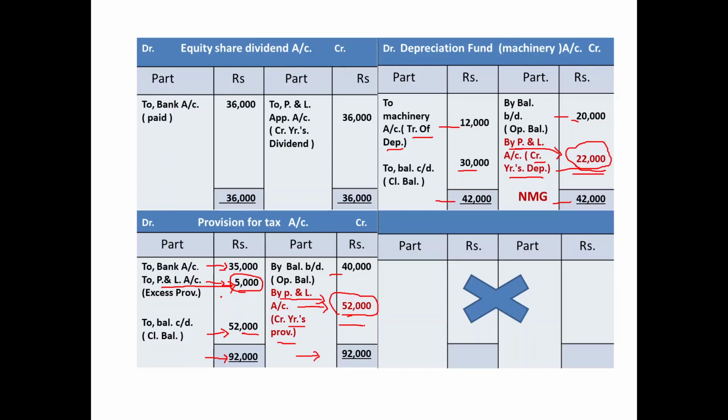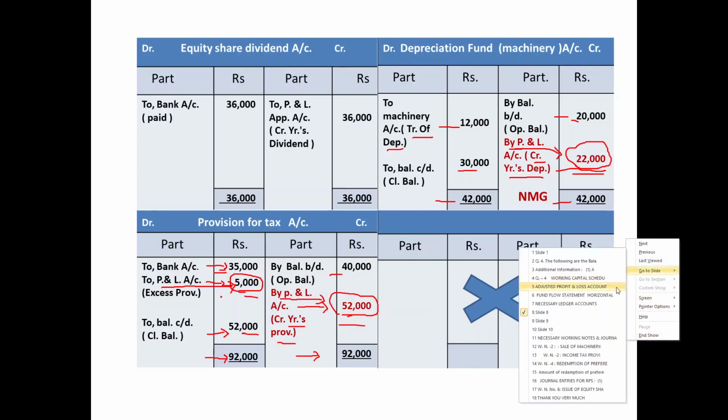So 52,000 on the plus side, 5,000 on the minus side. These two entries, these two amounts will be reported in the adjusted profit and loss, while this 35,000 as a payment will be reported in the fund flow statement on the application side.